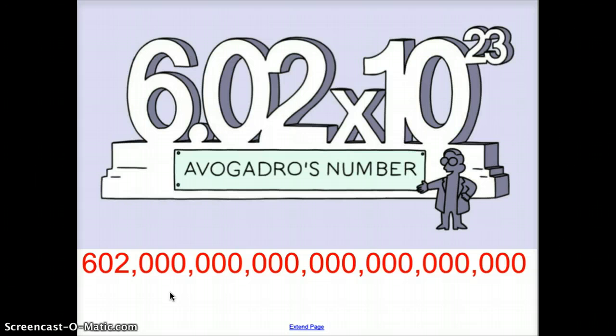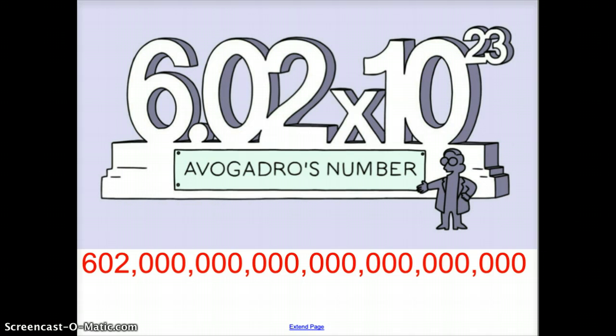If we had to write out all these zeros all the time, it would take forever, it would waste paper, waste ink, and we would get quite bored with chemistry. So instead of writing 602 and then 21 more zeros, we will use scientific notation to shorten that to 6.02 times 10 to the 23rd.